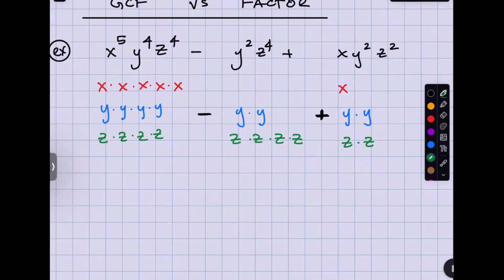So we're now looking at 3 bins. What's in common in all 3 bins? Is there x's in common in all 3 bins? No. How many y's are in common in all 3 bins? 2.